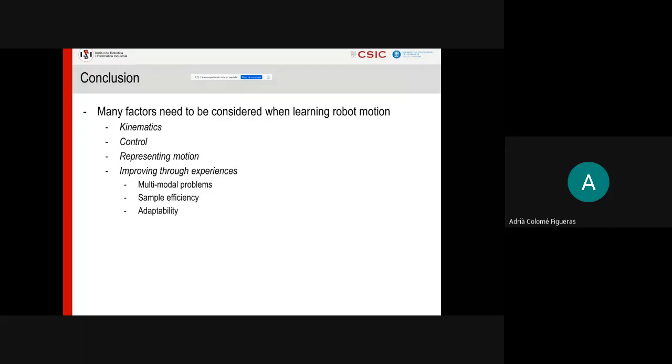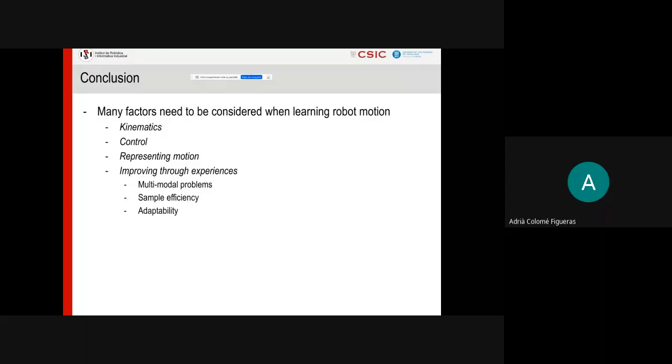You need to know about the kinematics of your robot. You need to know about the control of your robot. You need to be sure that it will be safe if you cooperate with a human. If you place something that might be broken or might be hurt, then you need to pay attention to the control that you're using. Also, motion representation is really important for learning motion.